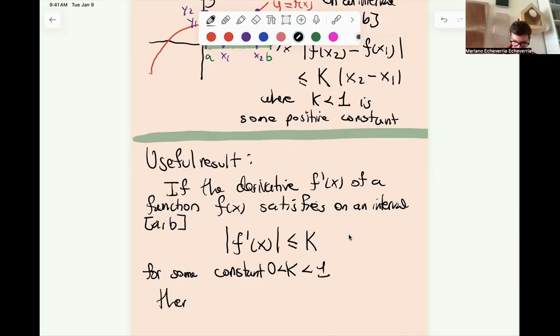Then f of x is a contraction on this interval.